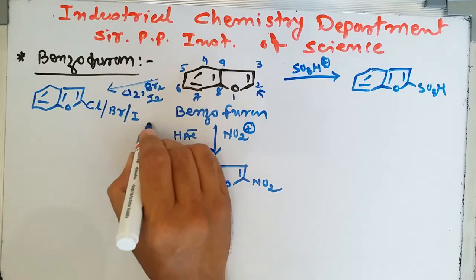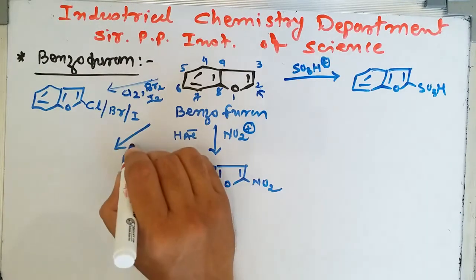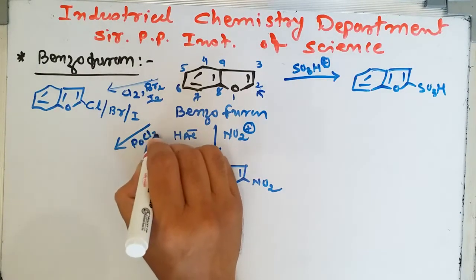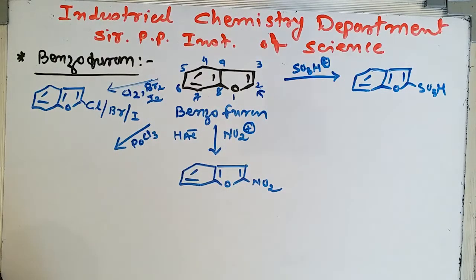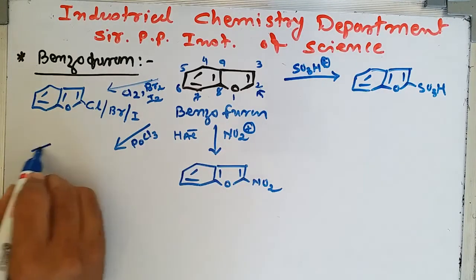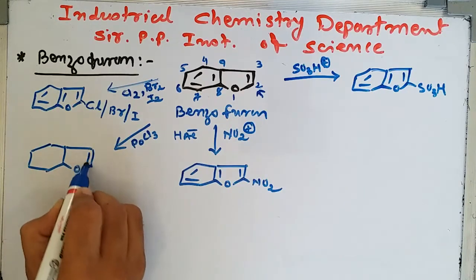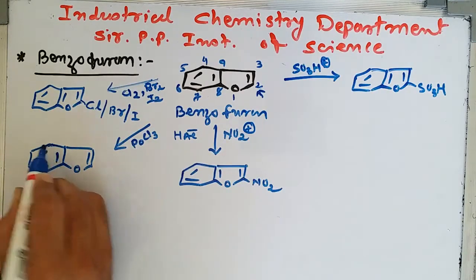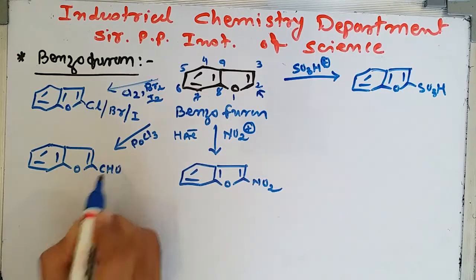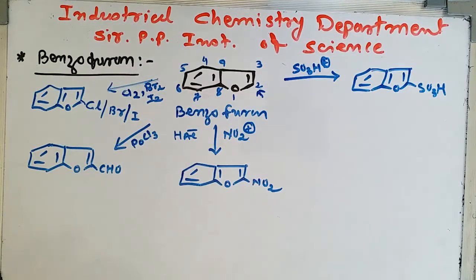With the help of POCl3, phosphorus oxychloride, formylation takes place, so we get 2-formylbenzofuran.